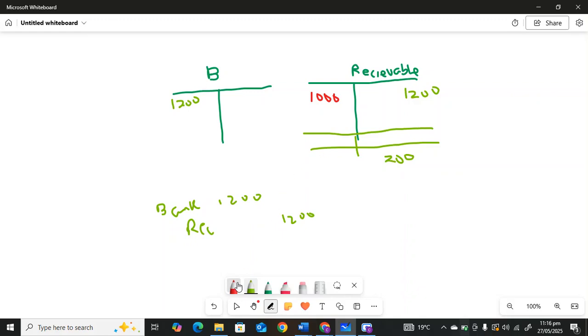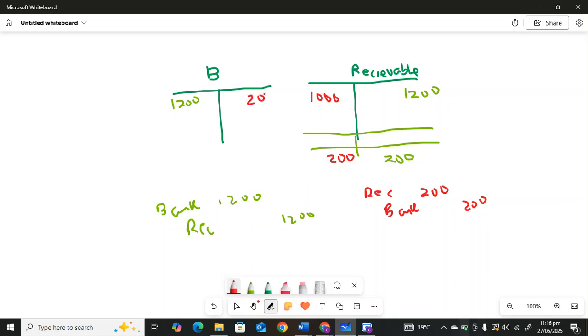You need to debit it. So you need to do this journal entry. You're going to debit the receivable 200 and you're going to credit bank 200. So that when you do that, the receivables balance now is zero.